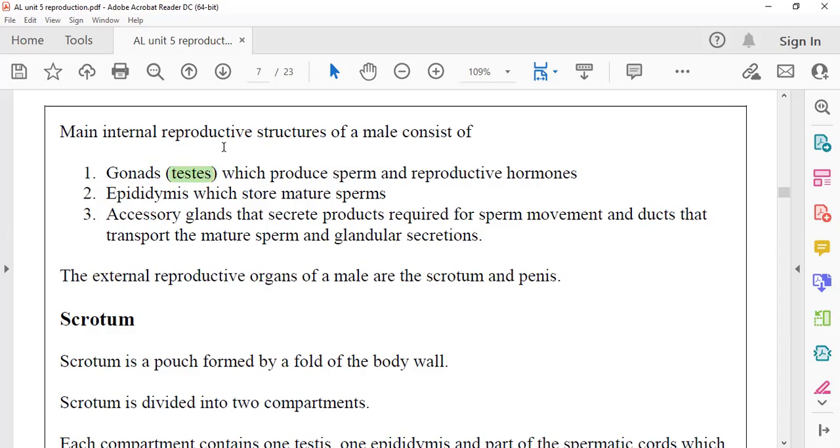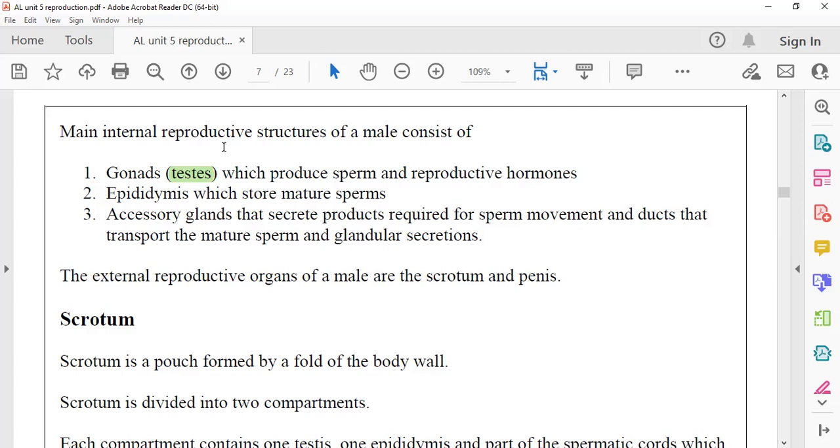Thereafter, the epididymis. What is its function? Store mature sperm. Actually, in the epididymis, sperms become mature. Thereafter, they are stored.